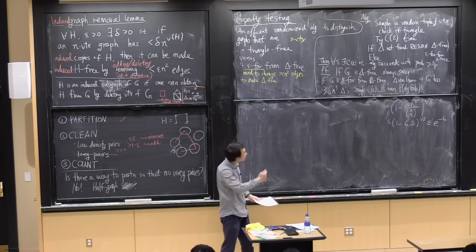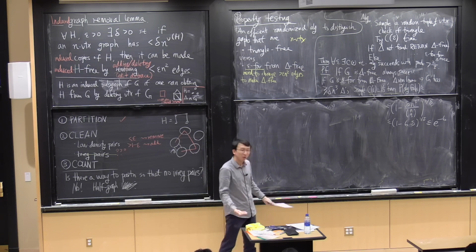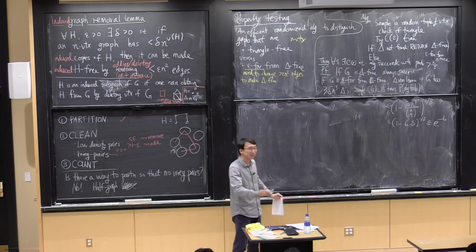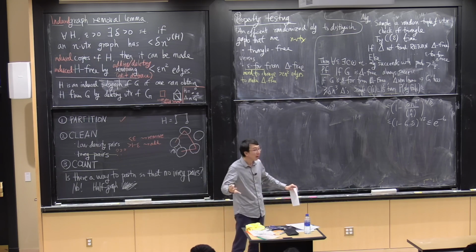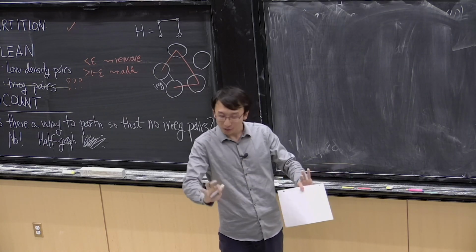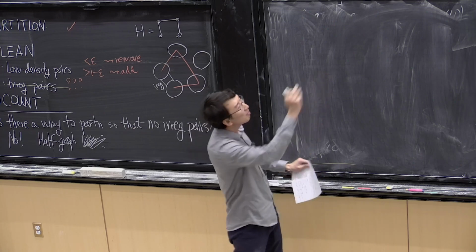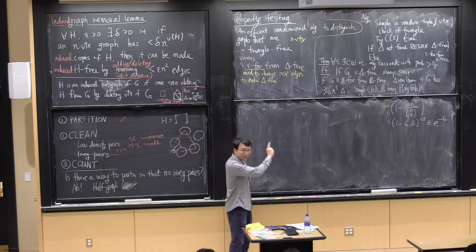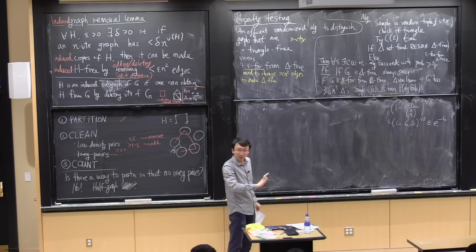Now, how big of a C do you need? Well, that depends on the triangle removal lemma. It's a constant, and does not depend on the size of the graph. But it's a large constant because we saw in the proof of the regularity lemma that it can be very large. This theorem here is basically the same as the triangle removal lemma, so it's highly non-trivial that it is true, even though the algorithm is extremely naive and simple.